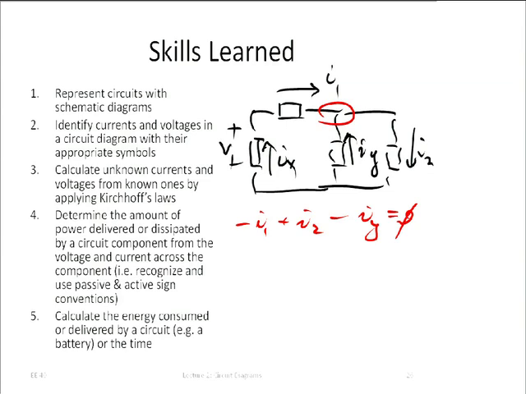And here I have a minus sign, here I have a plus sign, here I have current Ix. So the power in that component is equal to V1 times Ix. Question, price question. Is this the power that this component delivers to the rest of the circuit, or is this the power that this component absorbs from the rest of the circuit?